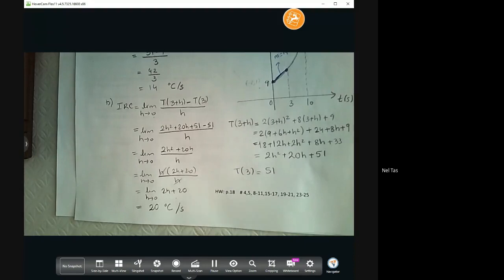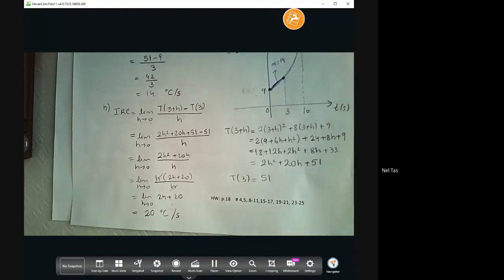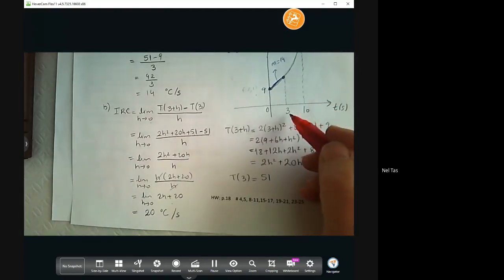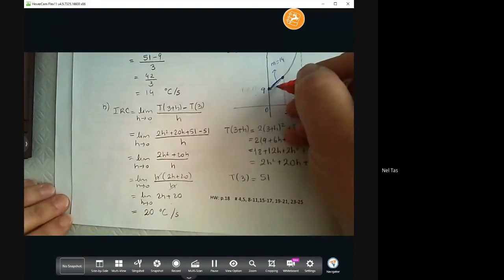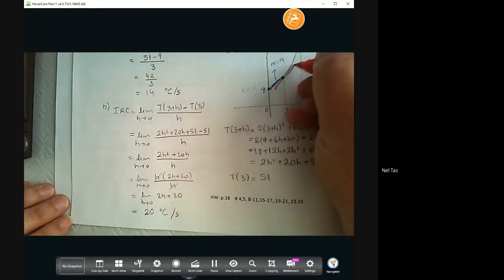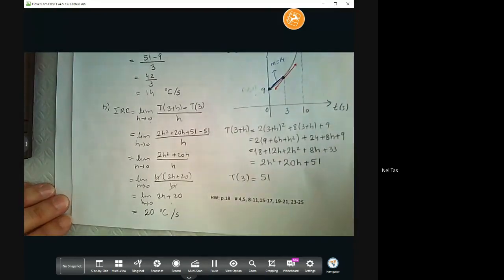So what did we do now? Let's check it on the graph, okay? So we calculated instantaneous rate of change. We said that this is also equal to the slope of the tangent that is drawn at t equals 3. Okay, so if I draw a tangent which is going to touch this graph at one point only, so that is a tangent at 3.